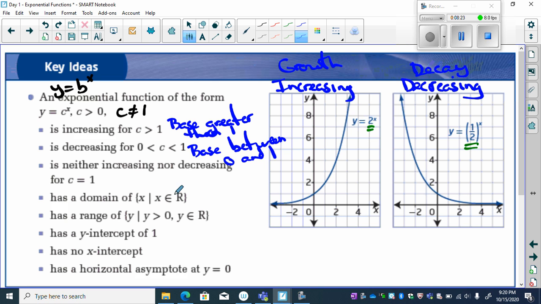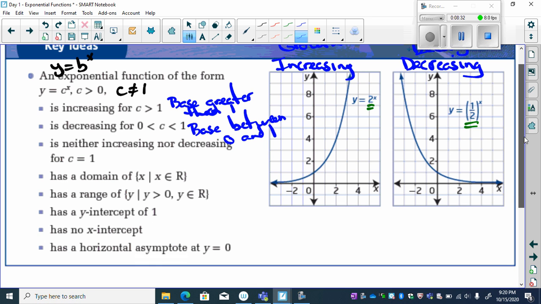They have a domain, x belongs to the real numbers. So without any transformations, this will be your domain. Or we could write it like this, from negative infinity to positive infinity.